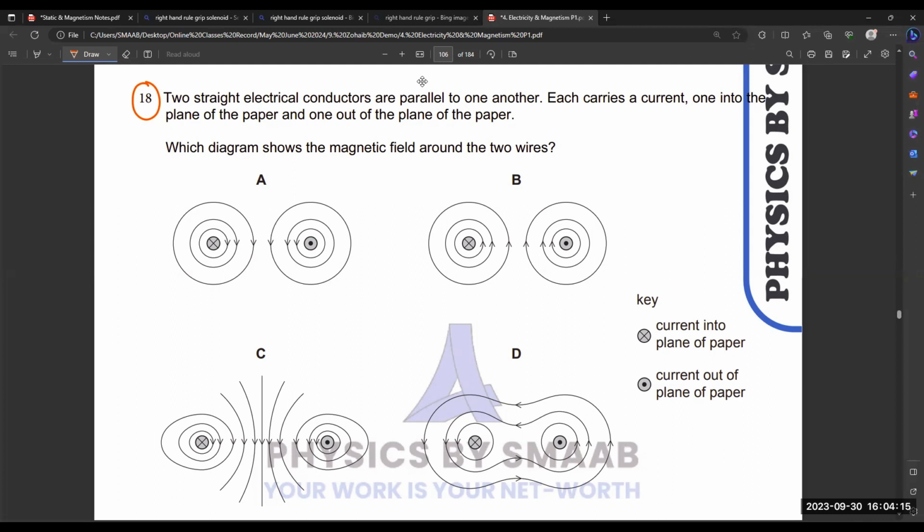D. So basically, in D, the problem is that two conductors are in opposite direction in the sense of the electric current. You can see this one is into the paper, and this one is out of the paper. So that is the problem.